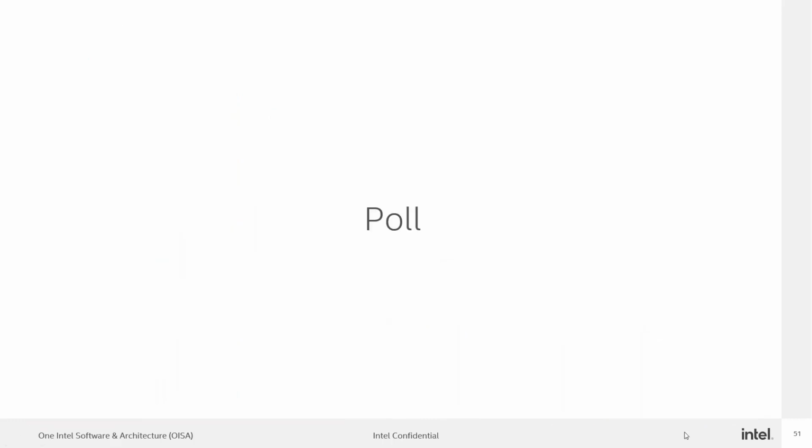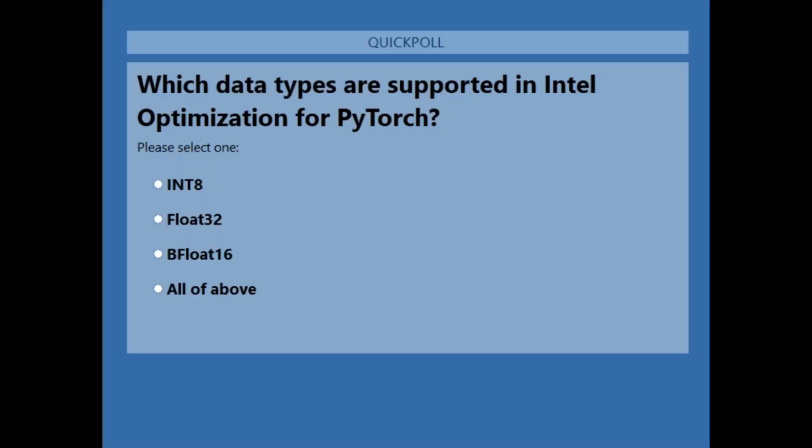Okay, here comes another poll. Let's switch to the poll window. The question is, which data type is supported in IPEX, in Intel optimization for PyTorch?